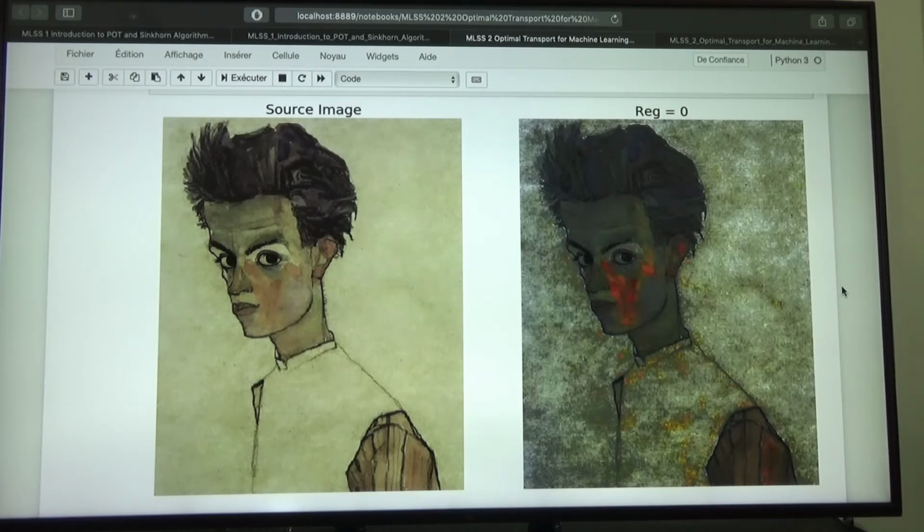Maybe you should design a distance between the colors that takes into account how the human eye actually perceives the differences of colors and nuances and etc. So maybe this would improve stuff. But it also means that directly using optimal transport in this case is not very satisfactory.